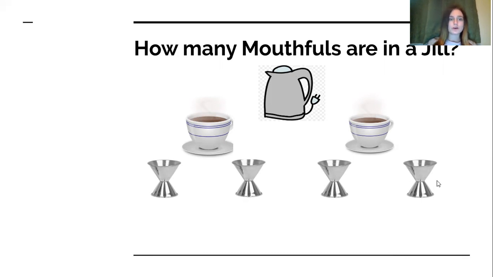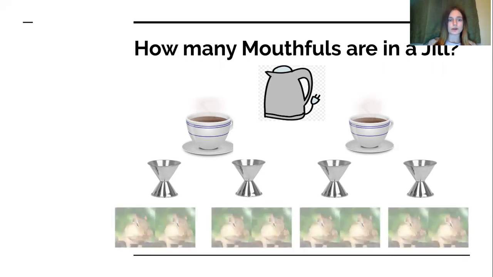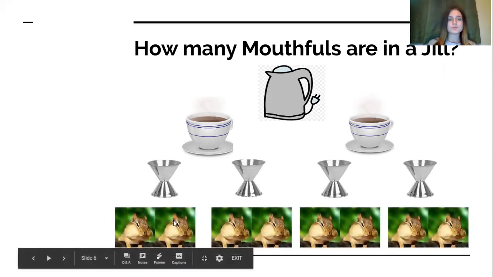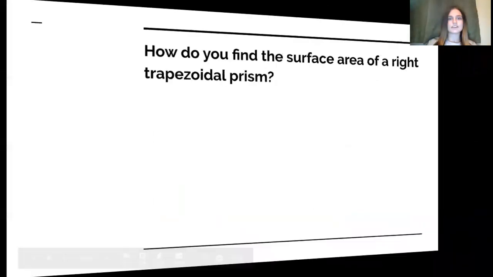So how many mouthfuls are in each jigger? So we would double the number. So we would have 2 mouthfuls in each jigger, which means that we have 1, 2, 3, 4, 5, 6, 7, 8 mouthfuls in a gill. Let's go to question 5.